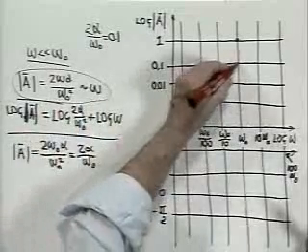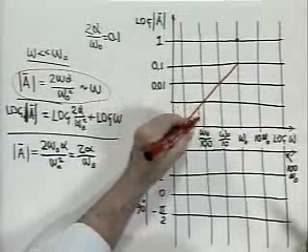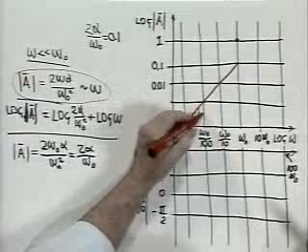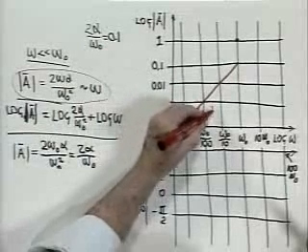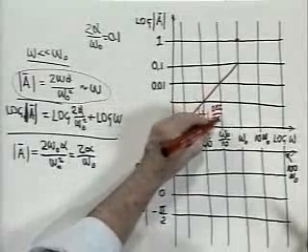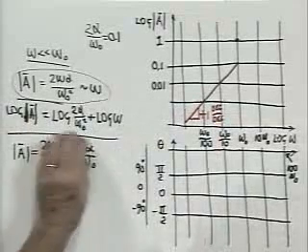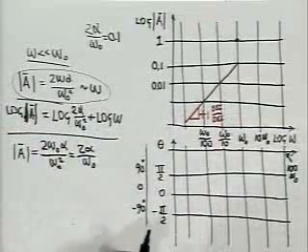So the asymptote looks like that. And it has a slope of +1 decade per decade. Linear in omega, without a coefficient.